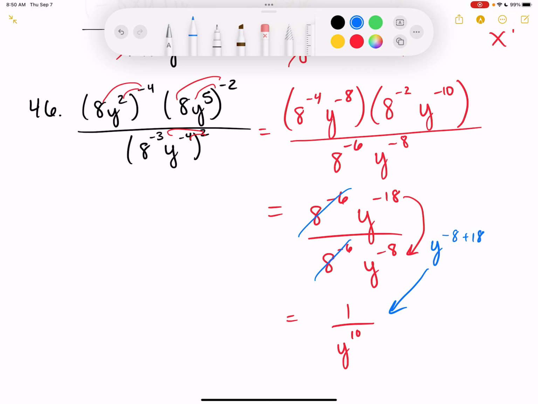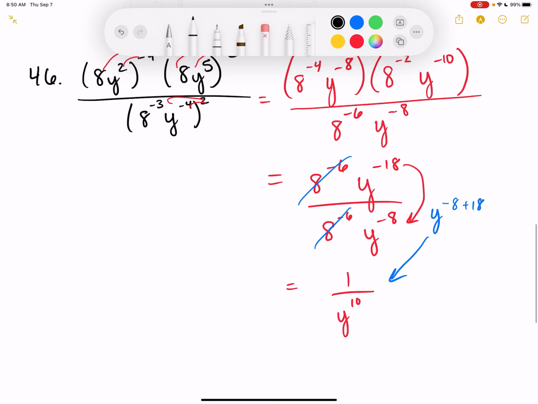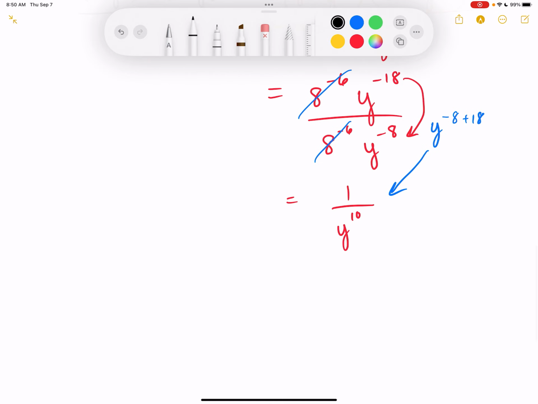So now it just says to evaluate each expression. So if we've got number 48, 121 raised to the 1/2. Anytime we have a rational exponent, an exponent in the form of a fraction, whatever the denominator of that fraction is, that is the root that we're taking of it.